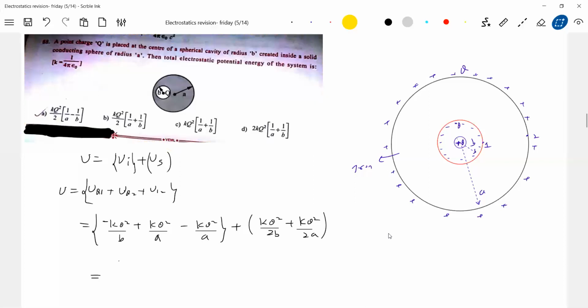Wherever you want, according to your convenience, you can shift it. It will not disturb the charge on the outer surface. The way you calculate interaction potential, in fact, it will be like this only. If you calculate and work it out mathematically, you'll end up with the same answer. That's why the books brought in this idea. So wherever you want, you can shift the cavity inside a conductor.